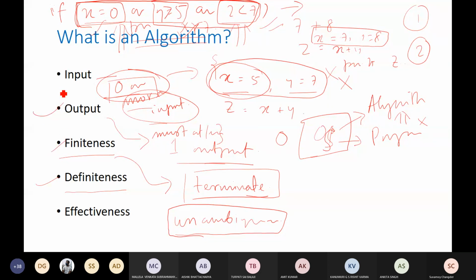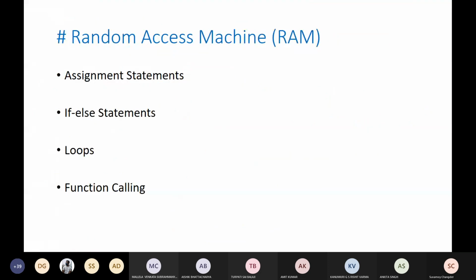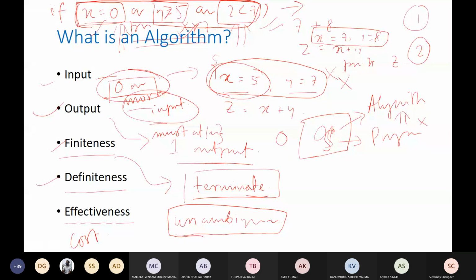And another important property is effectiveness. Effectiveness is in terms of cost, obviously, and cost means any kind of cost. Here in computation we will consider the cost as per the time required, and another is memory.